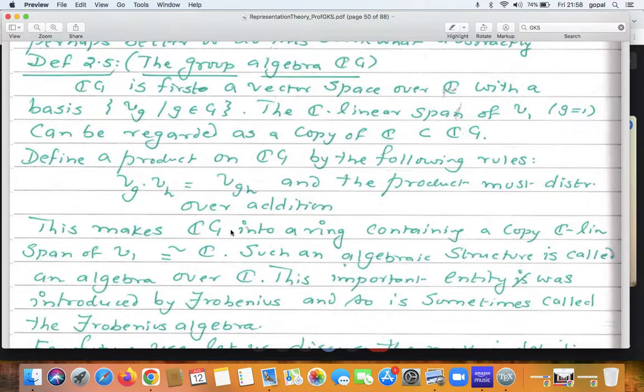This makes CG into a ring, and this ring contains a copy of C because there is the identity element 1 in the group, the corresponding element is V1, and the linear span of V1 is basically C. So this ring, called the group ring or the group algebra, contains a copy of the complex numbers. This important entity called the group algebra was introduced by Frobenius, and so it is sometimes known as the Frobenius algebra.